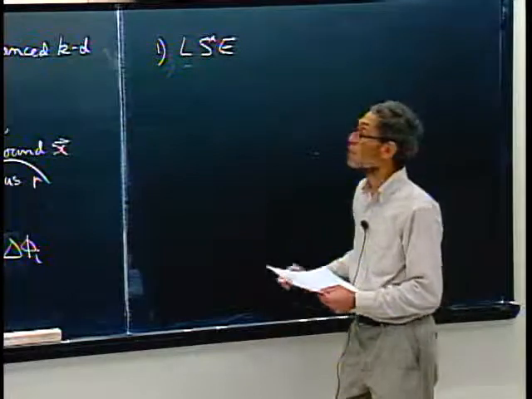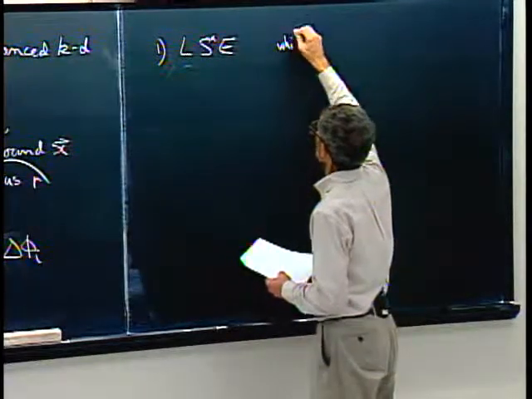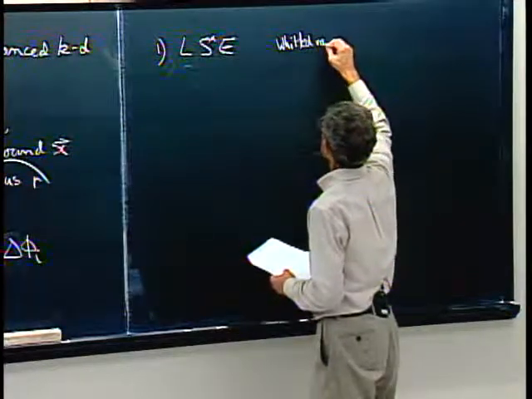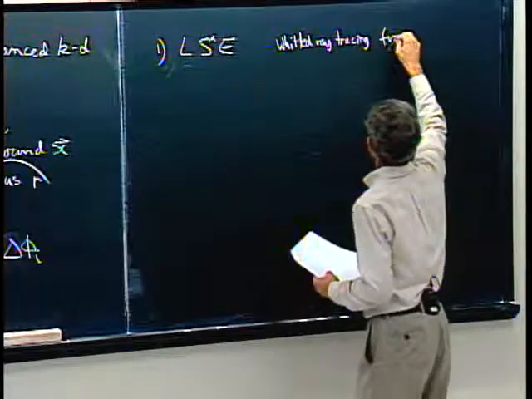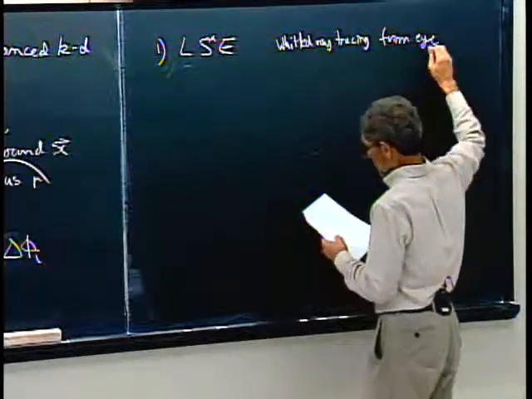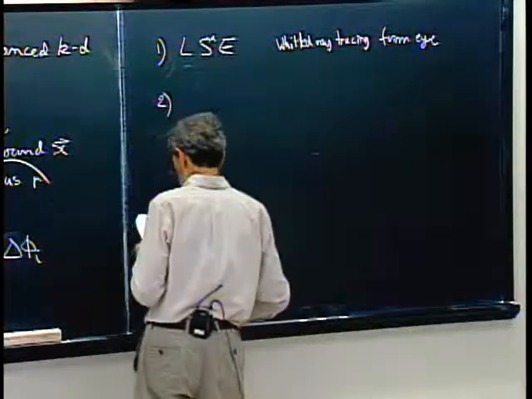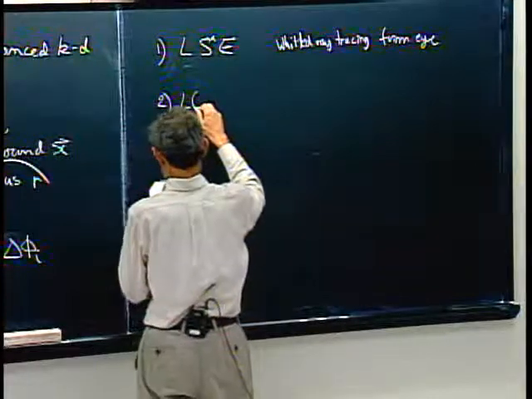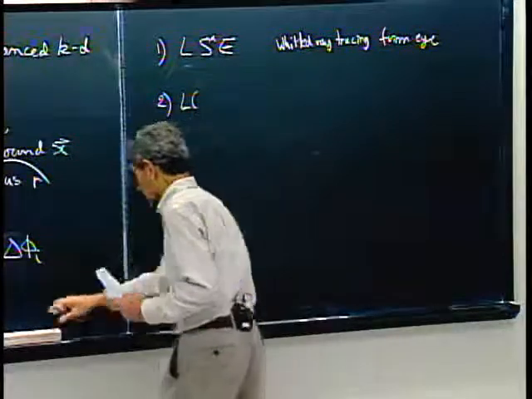And so you're going to do that with, say, weighted, I should probably use capital, ray tracing from the eye. Okay, and then let me just put DE.